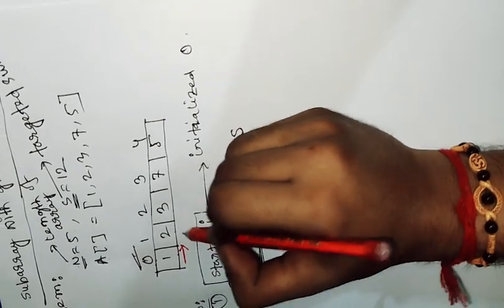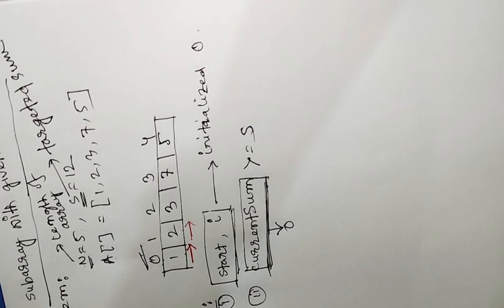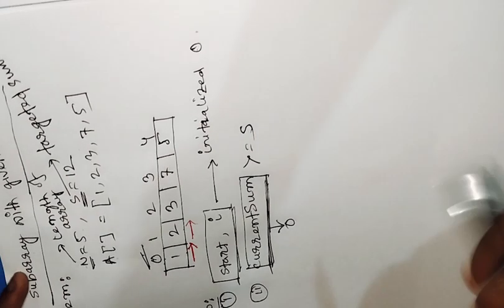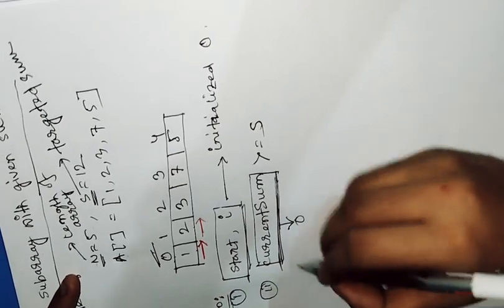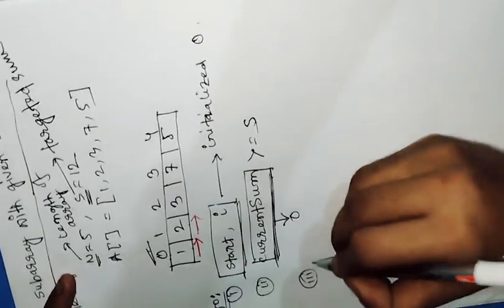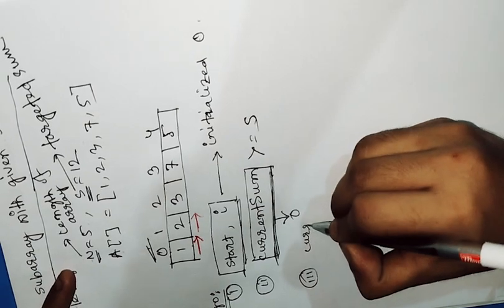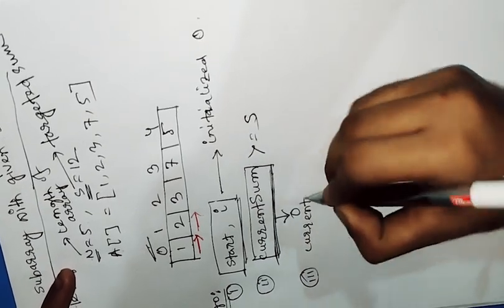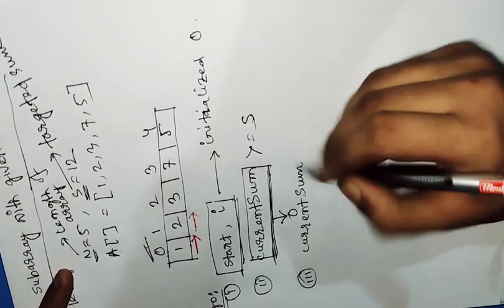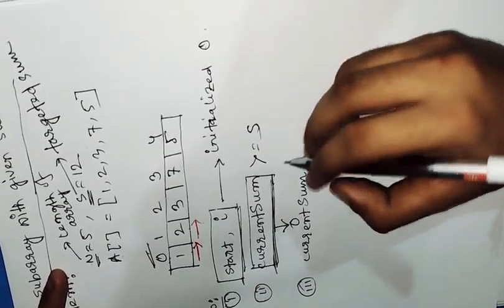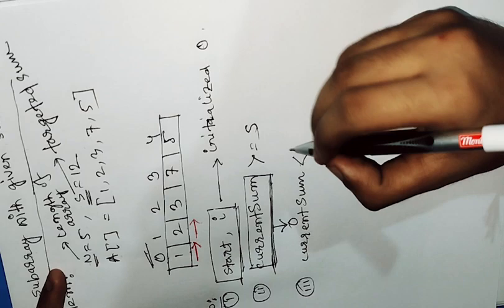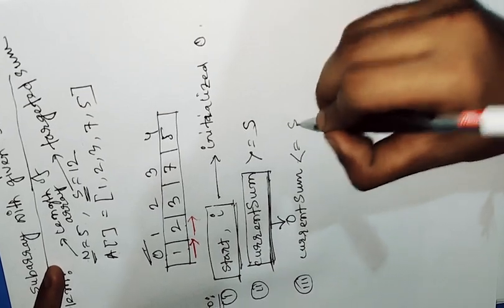Increment the start pointer until the current sum becomes less than or equal to targeted sum.